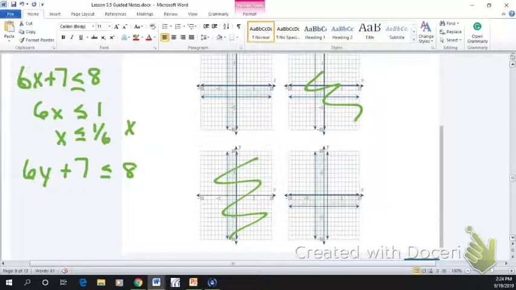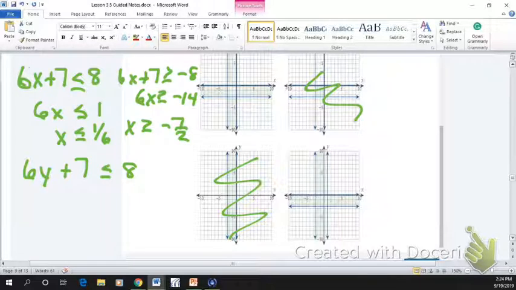Then the other one gives you 6x plus 7 is greater than or equal to -8. If you subtract 7, you get 6x is greater than or equal to -14, so that's -14 over 6, which is -7 over 2. So here are my two vertical lines. I should cross at -3.5 and positive 1/6.